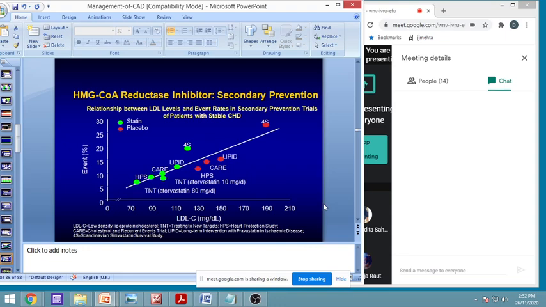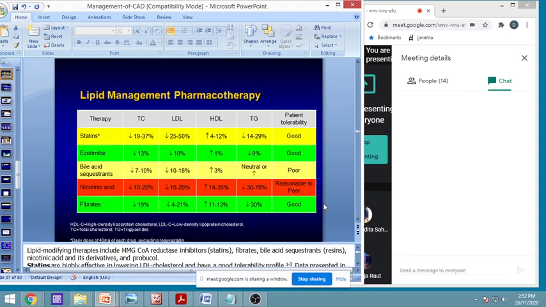So that means lipid lowering was very helpful in reduction of various cardiovascular events. So what are the drugs used for lipid management?